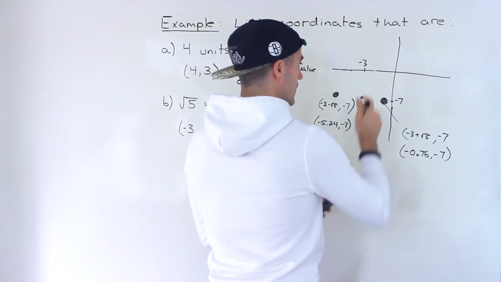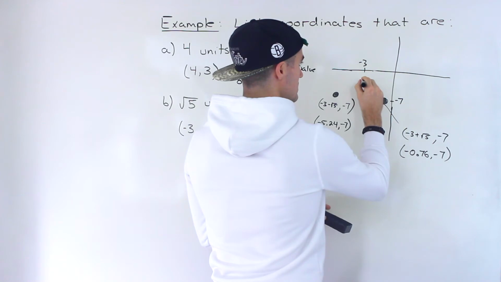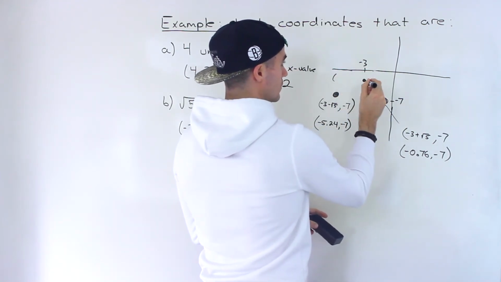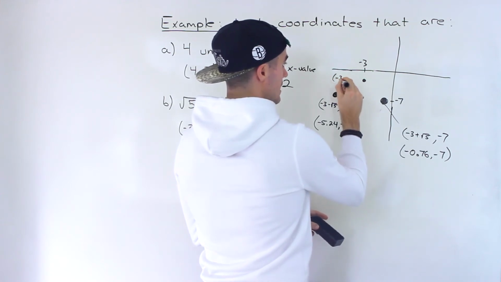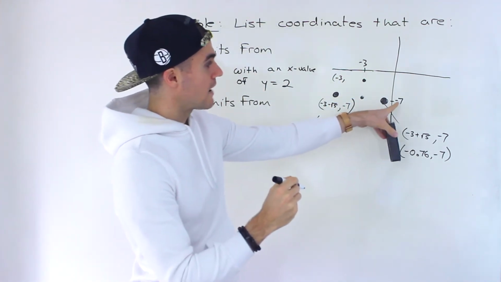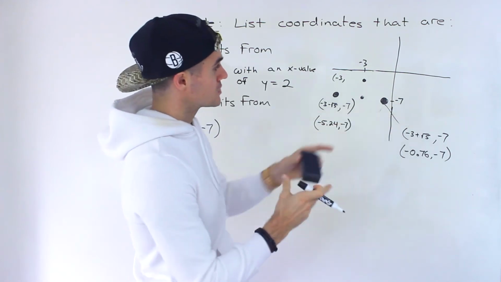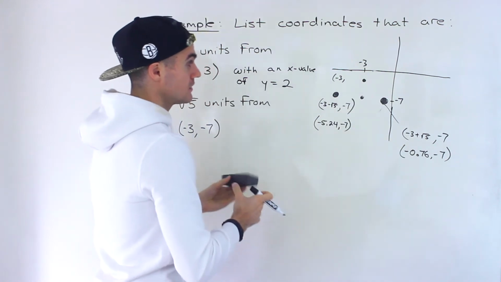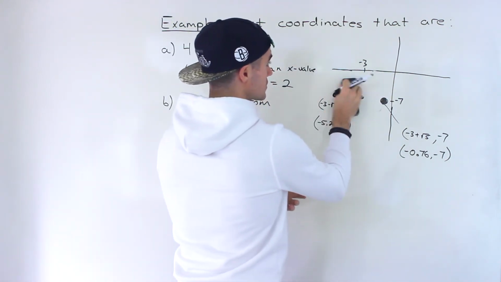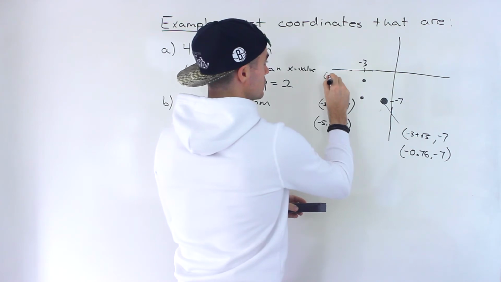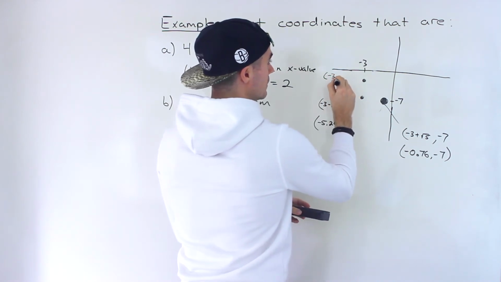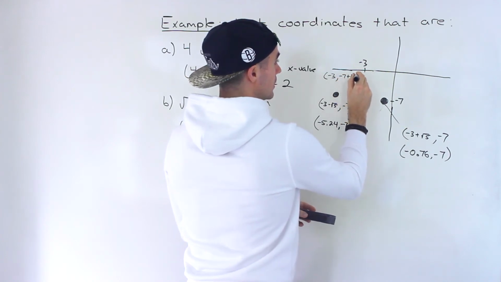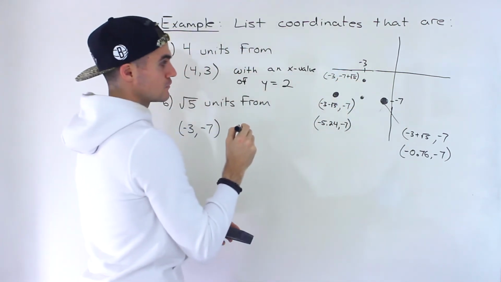If we went up root 5 units, the x value is going to stay the same, but we're adjusting this y value of -7. If we're going up, we add to the y value. So it's going to be -3, then -7 plus root 5, like that.